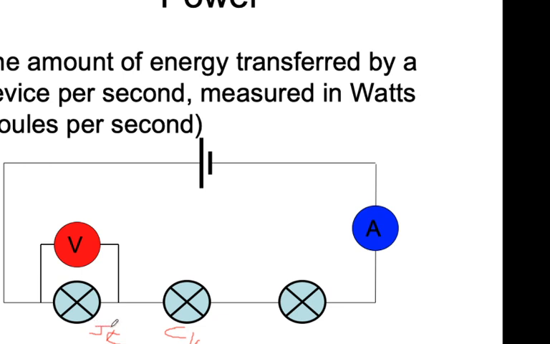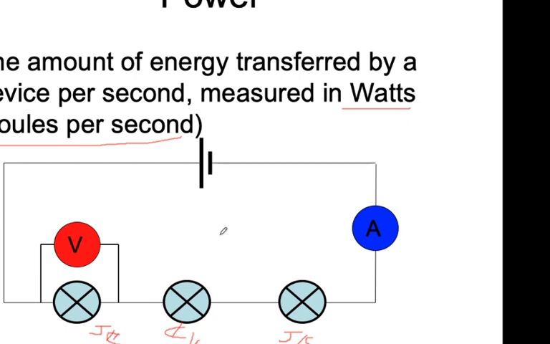If you multiply them together, the coulombs will cancel out, and we're left with joules per second, which is a watt and a measure of power. So power is amount of energy per second, energy measured in joules per second, which is a watt. Joules per second equal watt.